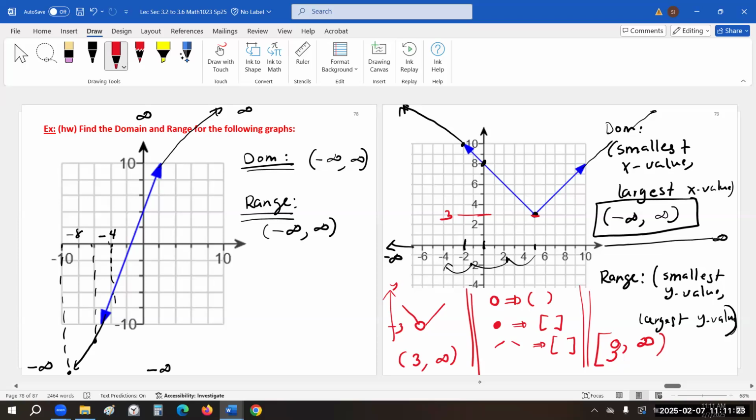Same thing here. For this point, it actually is -2. That means you do have a number that is smaller than 5. So every point you see, you look at the x, that gives us the domain. But every point you look at the y, that gives us the range. Good question. Any other question? No?